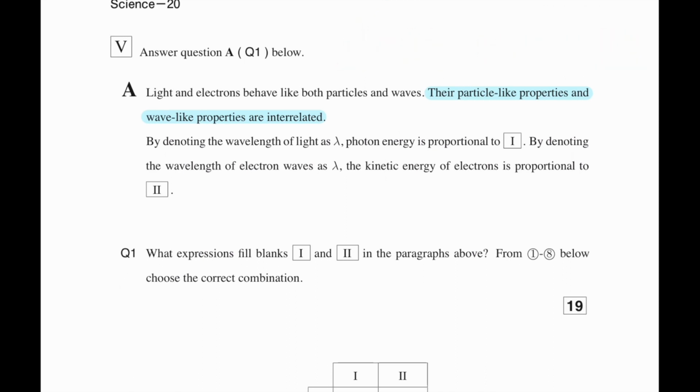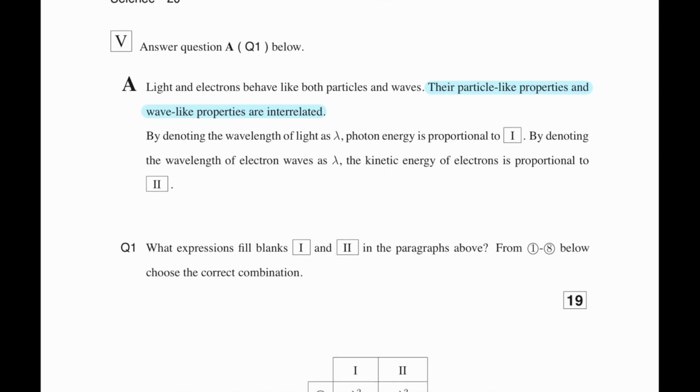To answer this question, you need to know a little bit of quantum physics concepts. In quantum physics, a wave can behave like a particle and a particle can behave like a wave. We call this the duality of particles and waves.